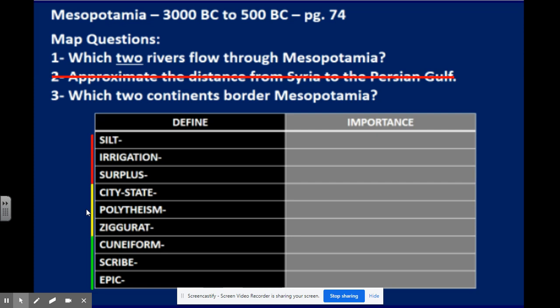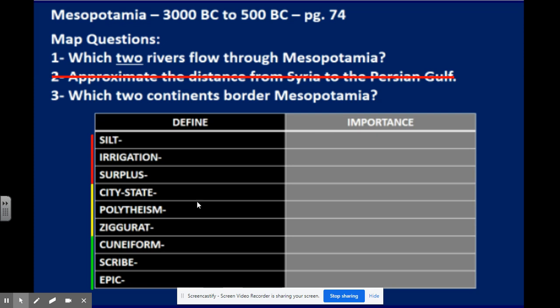States today have their own state government, their own governor, their own laws, but city-states were not as big as what we would call a state today. But either way, the definition: a city-state is a city that governs itself and the surrounding territory. A city that governs itself and the surrounding territory.